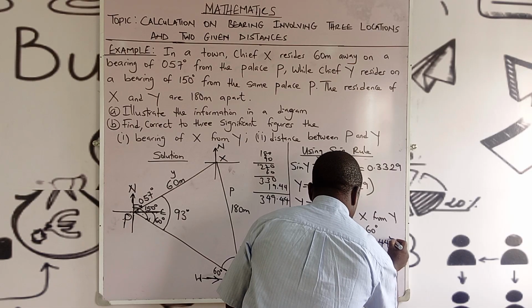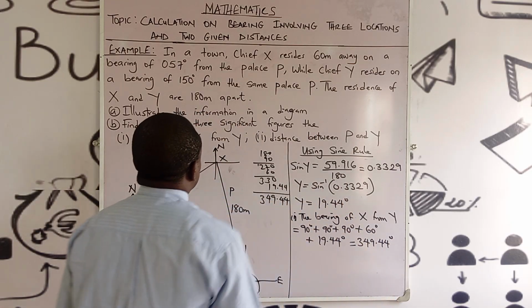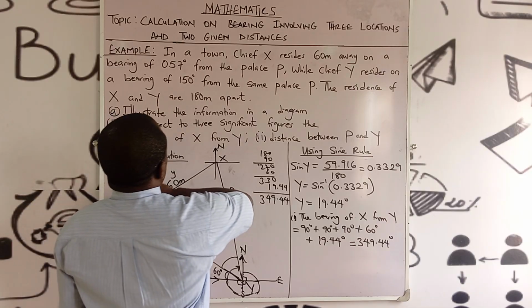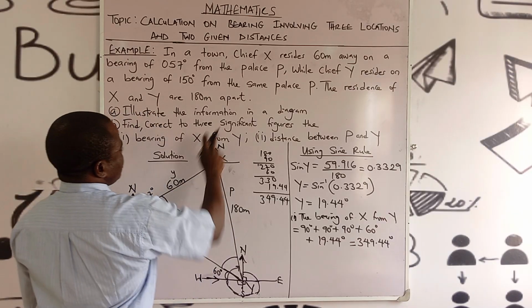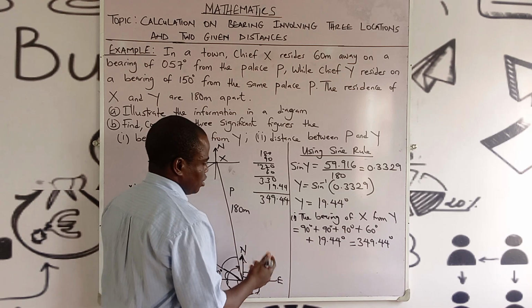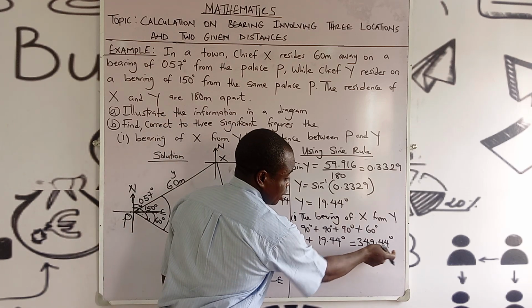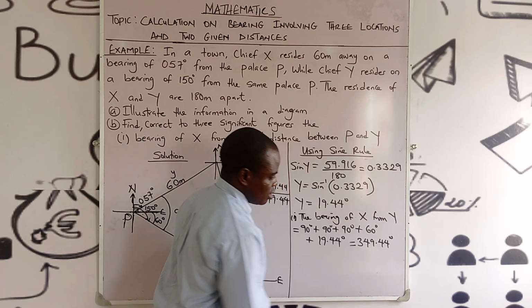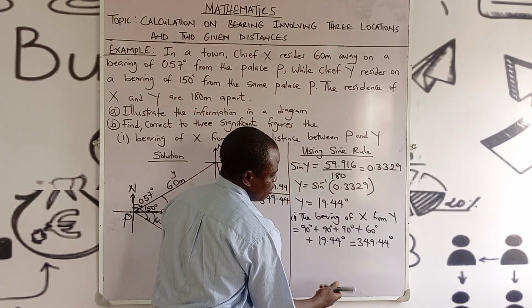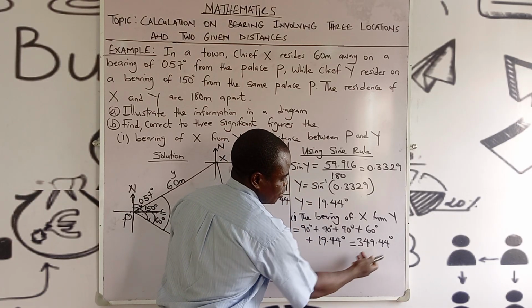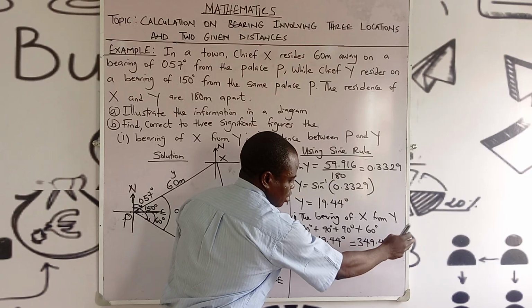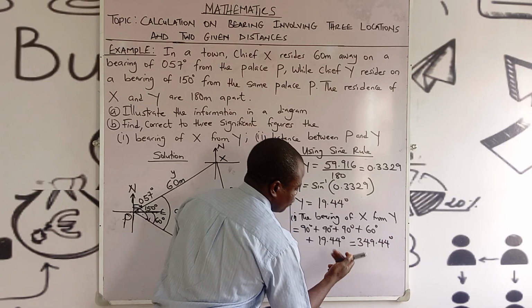349.44 degrees. Don't forget that the question says correct to three significant figures. Now this is in two decimal places, but we need it in three significant figures. Since 4 is not up to 5, forget about after the decimal and concentrate on 349.